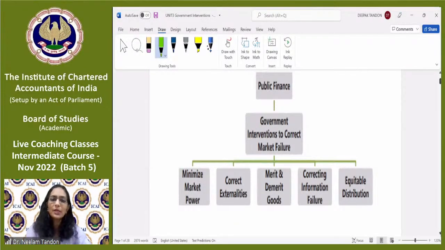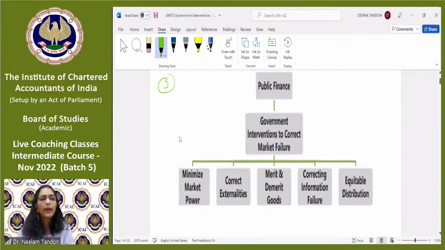Last class में हमने share किया था causes of market failure. So what exactly government has to do here? Why should government intervene? Government should intervene to minimize market power. Because if there is high market power, what happens? If there are only three sellers and many buyers, what are these three sellers going to do?